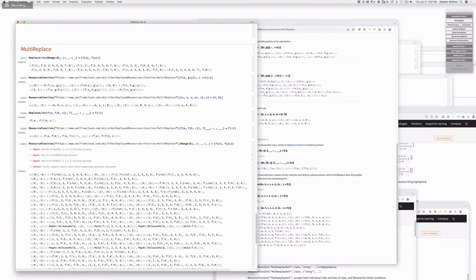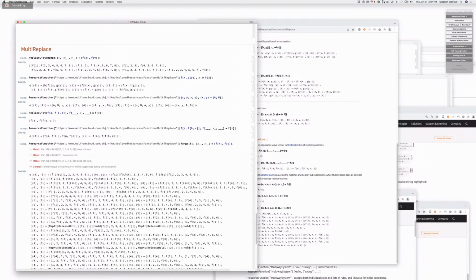Okay, but if I try this case that I was doing up here, oh my gosh, what the heck is this?